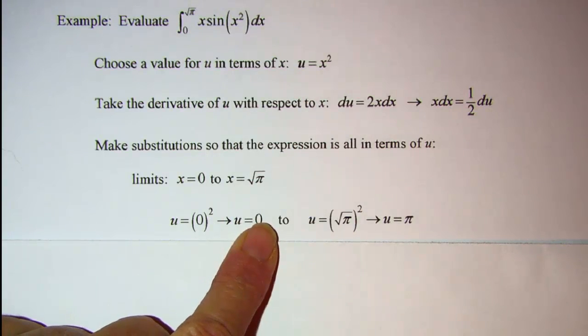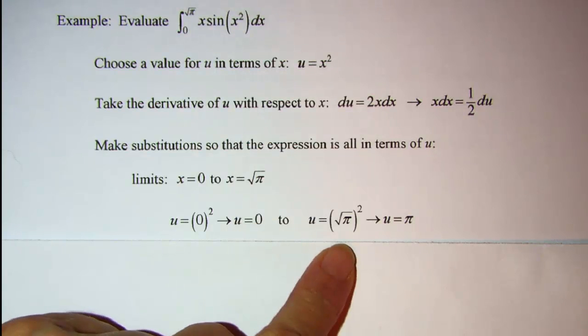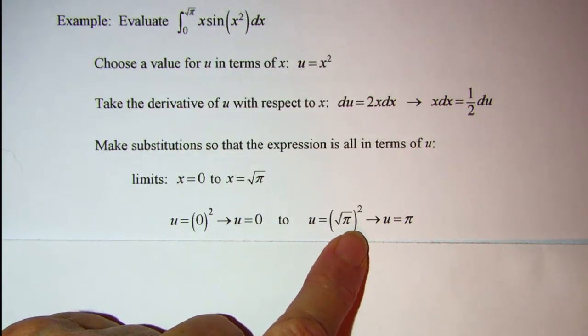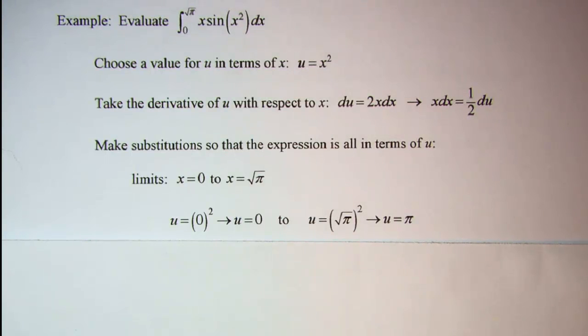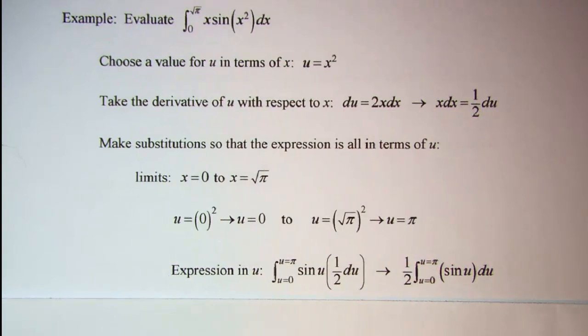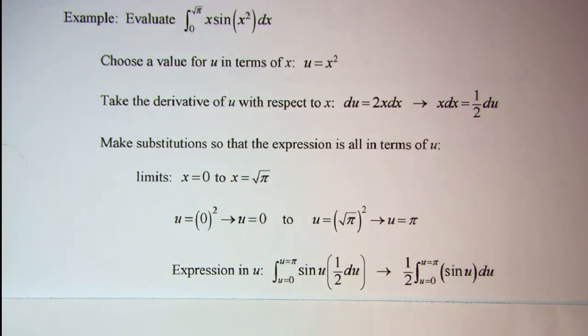So that will be our lower limit of integration. And then if we put square root of pi in, we have u equal pi. That'll be our upper limit of integration. So our expression then in u is the definite integral from 0 to pi of sine u times 1/2 du.